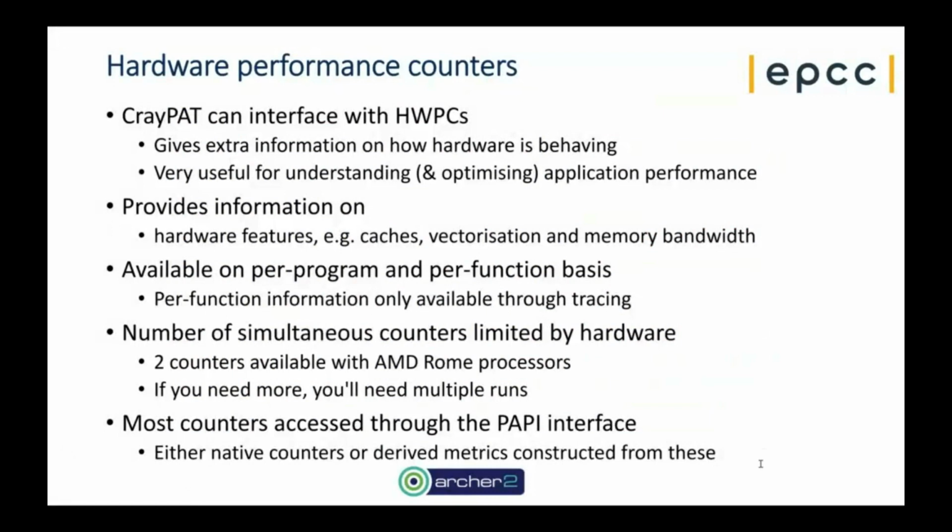Yeah, CrayPat, it's a good question, but CrayPat is, as it says in the name, a Cray tool. So this is not available particularly outside HPE Cray systems. There are other profilers that do similar kinds of things for similar systems, though. So if you're running on an Intel system, there's Intel VTune, which is freely available these days, which will give you similar kinds of information for systems that can support that.